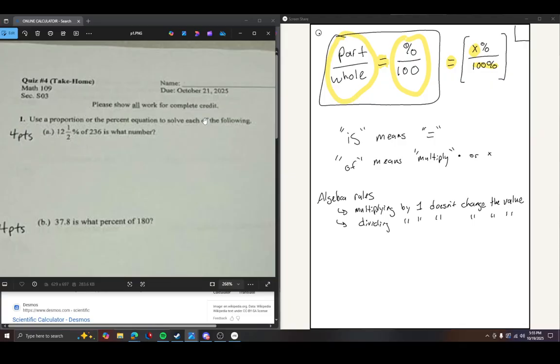When they say "is," what that translates to is equals. And when they say "of," or sometimes there are a couple other words they can throw in there, that is equivalent to multiplication.